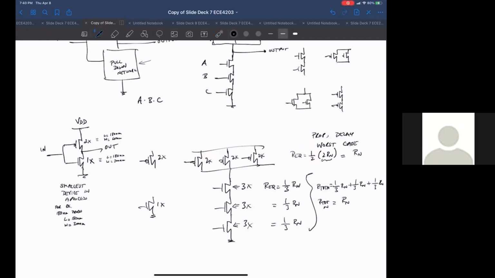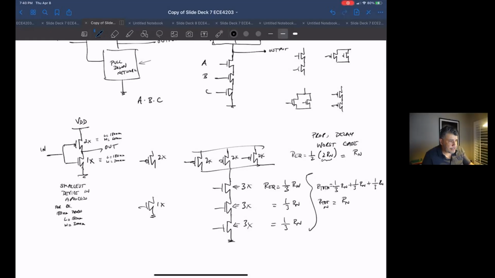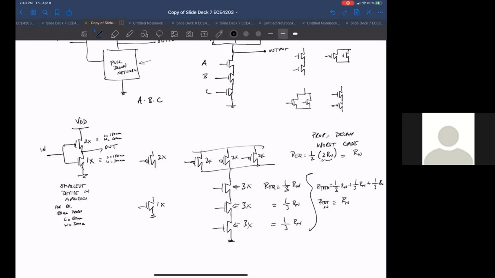Yeah. Honestly, Professor, could you explain again why NMOS is 3x, or 3 times, sorry? In terms of why we make it 3 times wider? Yeah, okay.